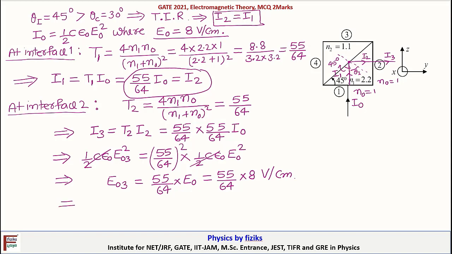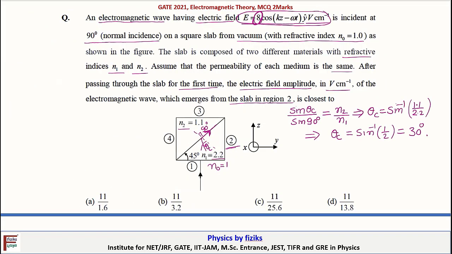And if we calculate this value, this will be 55 by 8, and that we can rearrange as 11 by 1.6 volt per centimeter. Now if we see, option A is 11 by 1.6 in units of volt per centimeter. So option A is correct.